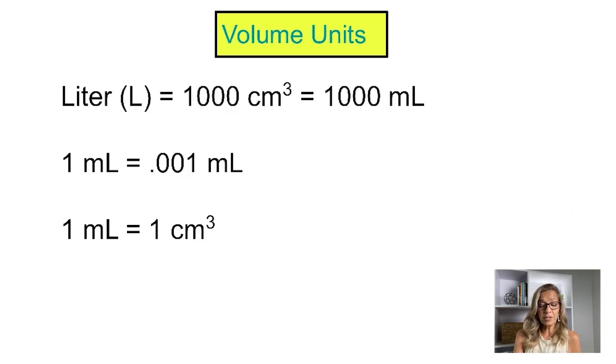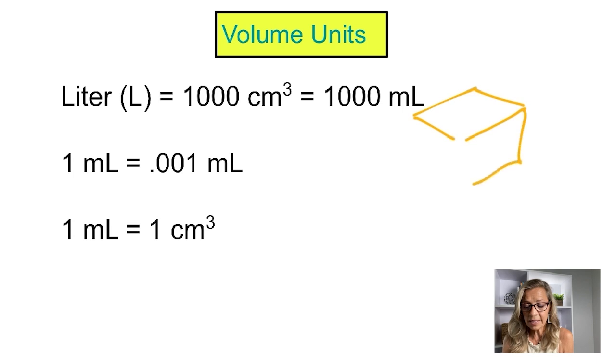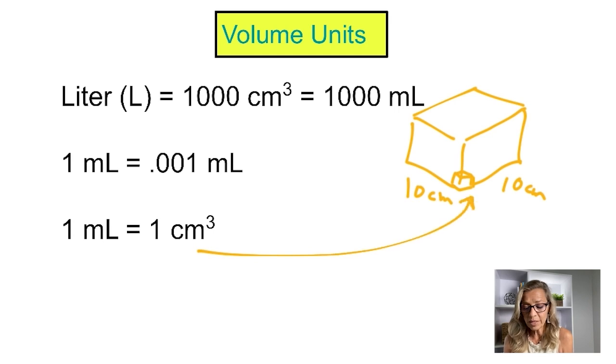Now let's do volume. Volume is based on the base unit of length, and so I'm going to make a little box that is 10 centimeters on all sides, a cube that's 10 centimeters in all directions. If I took 1 little cubic centimeter there, that is a milliliter.